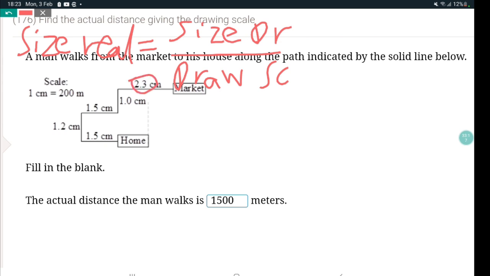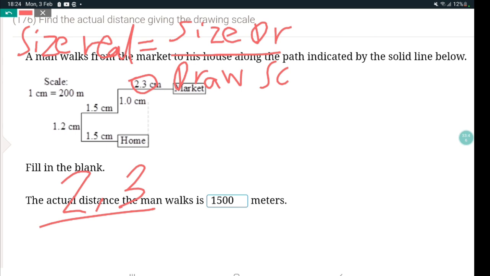For the 2.3 centimeters, in real life the real size of it would be 2.3 over the drawing scale. So it would be divided by 1 over 200.